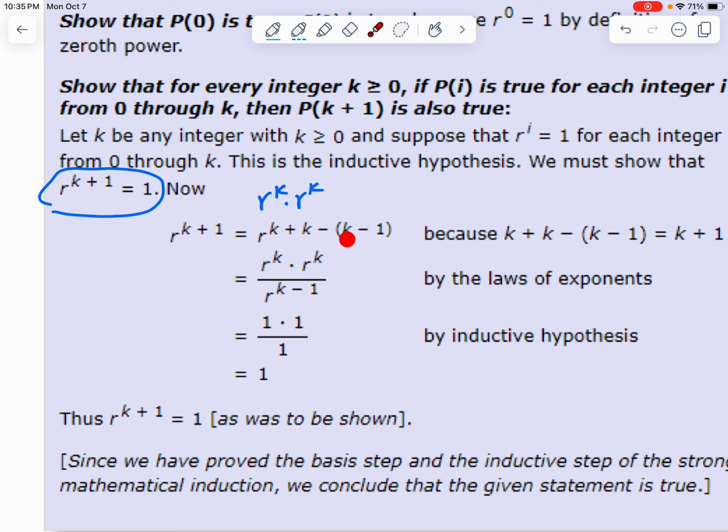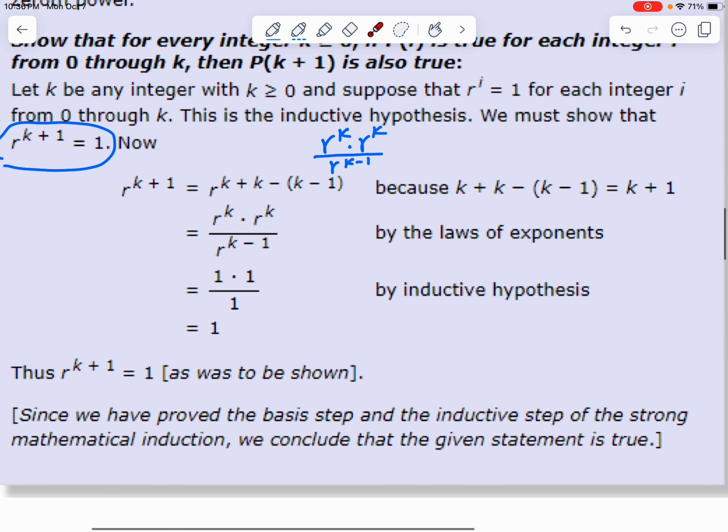When you have the power of minus the quantity k minus 1, the negative sign will bring this r to the bottom. So basically that's the division instead of the multiplication. That's why it goes to the bottom. Let me move that here, need a little room. So r to the k minus 1. That's all according to the exponent property. So that looks good. And then let's look at the next step.